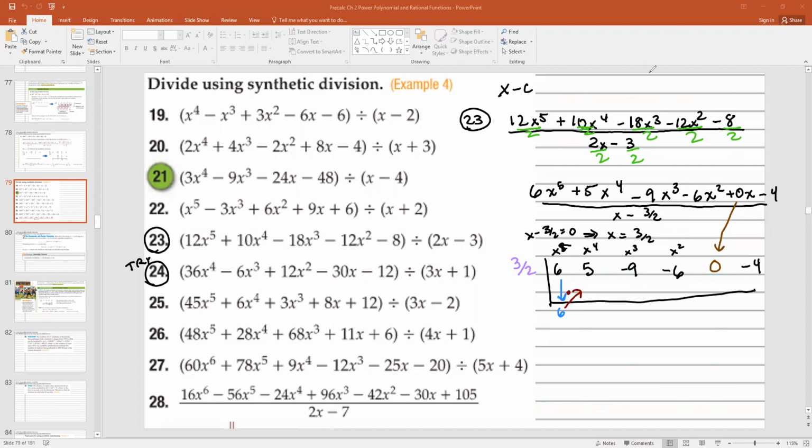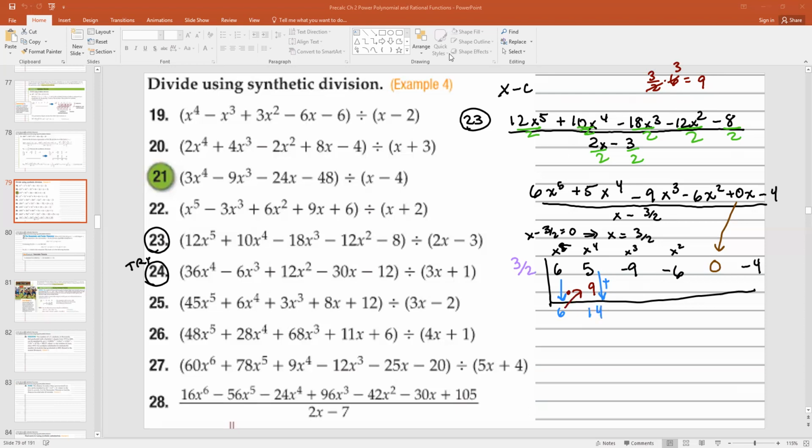If you want to do it on the side, 3 halves times 6. 2 goes into 6 3 times. So 6 divided by 2 is 3, and 3 times 3 is 9. So you get 9. And then add. So multiply, add. 5 plus 9 is going to give us 14.